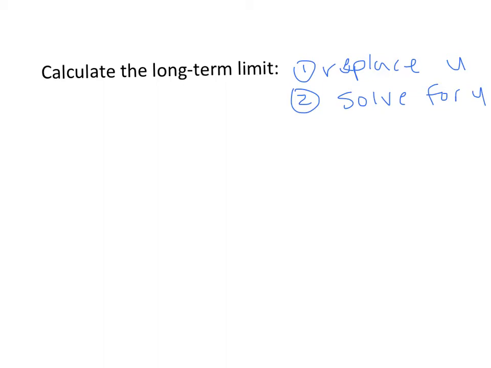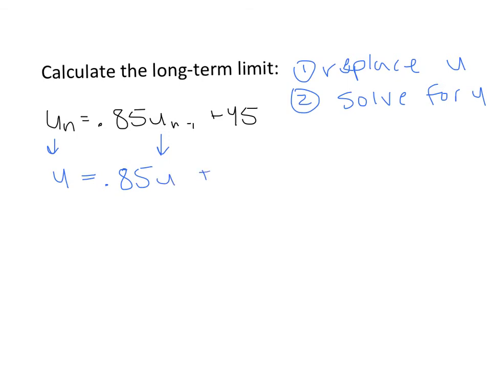So if we bring down our rule from above, that was u sub n equals 0.85 times u sub n minus 1 plus 45. First thing we're going to do is replace both of those u's with a regular u. Then we just need to solve for u.